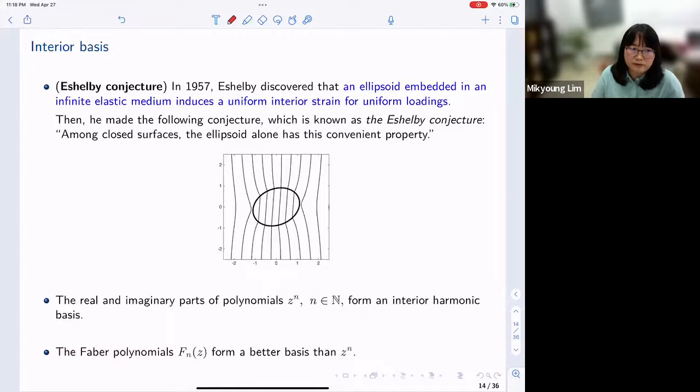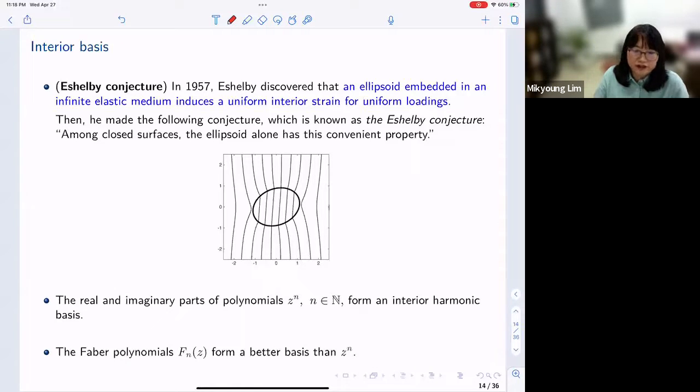So let me review the Eshelby conjecture. Eshelby in 1957 discovered that an ellipse embedded in an infinite elastic medium induces a uniform interior strain for uniform loading. And the Eshelby conjecture is that amongst closed surfaces, the ellipsoid alone has this convenient property.